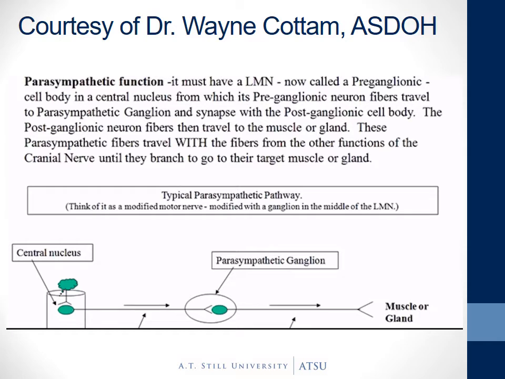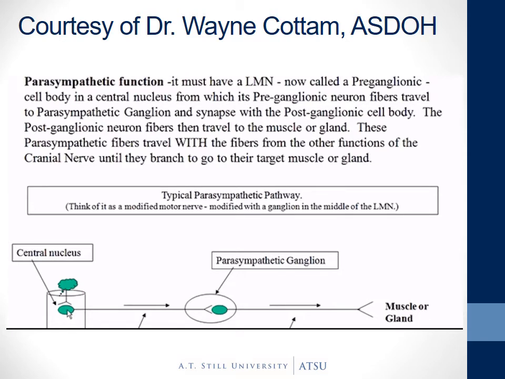It's useful to think of a parasympathetic nerve as a modified motor nerve, actually modified with a ganglion in the middle of what would otherwise be the lower motor neuron. And so you see here an upper motor neuron coming down from the cortex, sending impulses to relay or synapse with the cell body of a preganglionic neuron in a central nucleus.